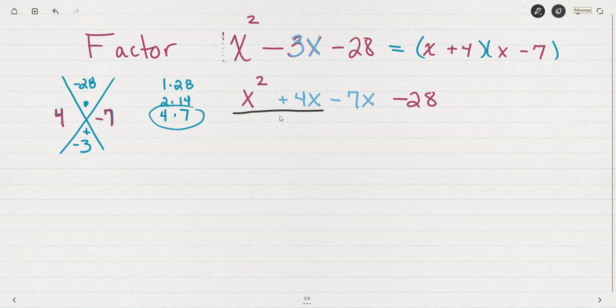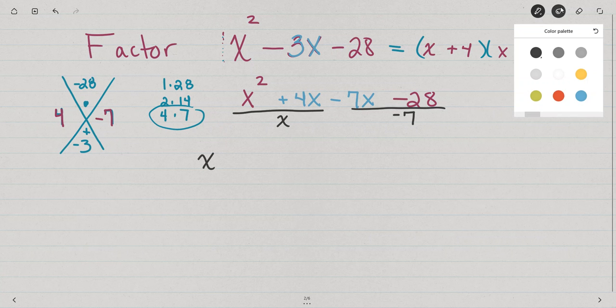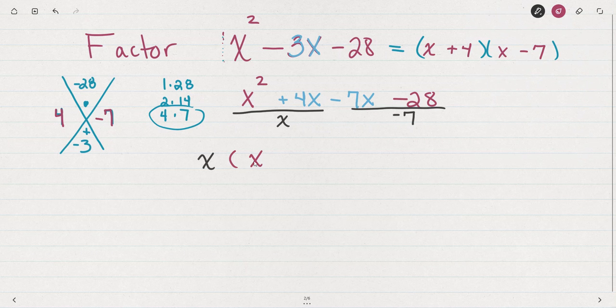Group these two together and their common factor, greatest common factor, is x. If I group these two together, they have a common factor of negative 7. So if I factor x out of x squared and 4x, x squared divided by x is x. 4x divided by x is 4.